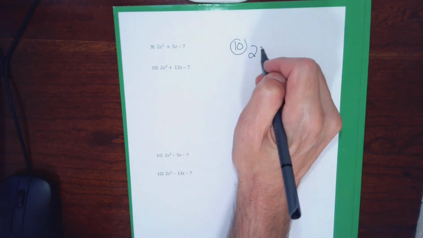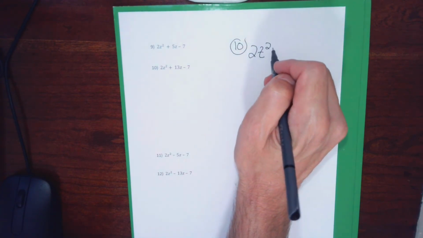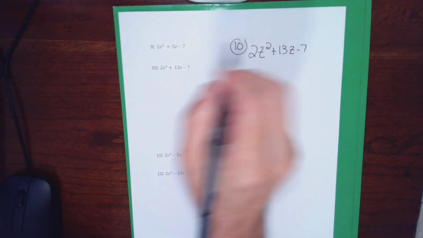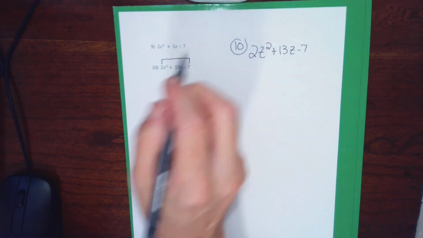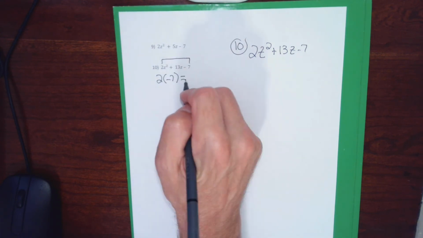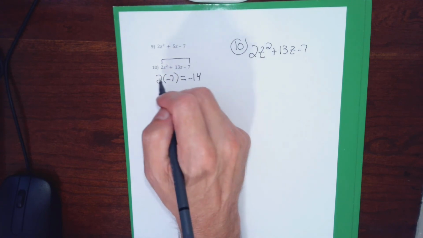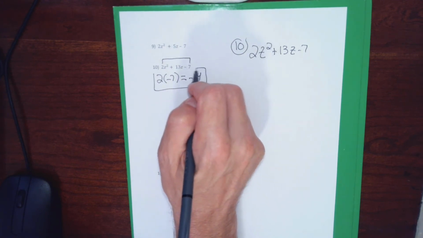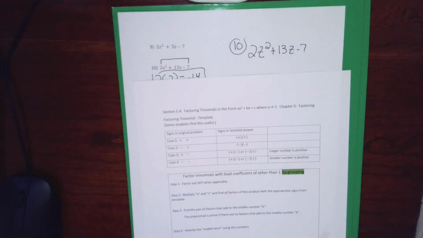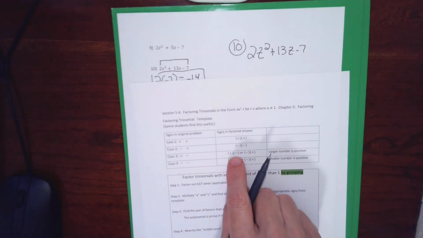I'm going to multiply the 2 and the -7. So I do 2 times -7. My target number is -14. So in a second here, I'm going to write down numbers that multiply out to be -14. And the signs are going to be plus and minus.